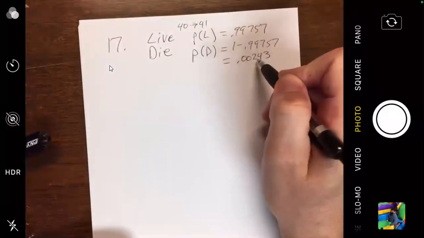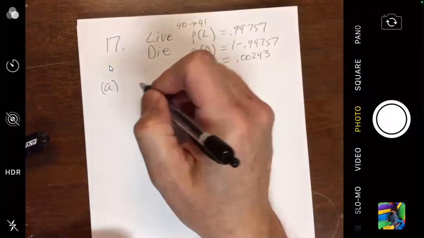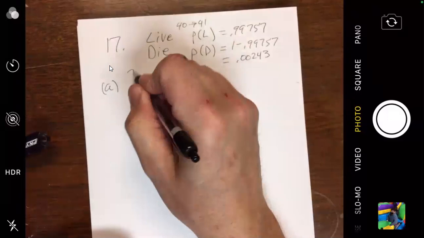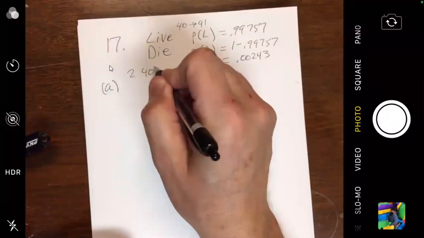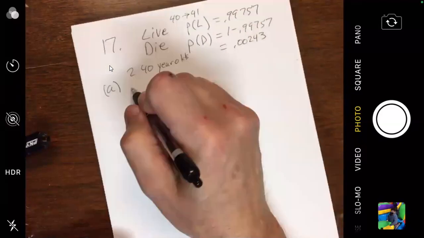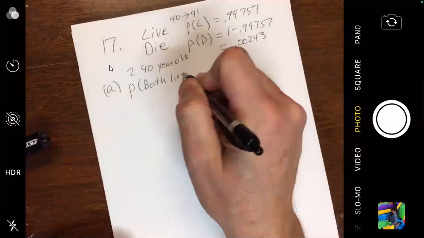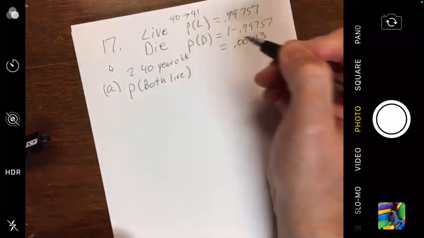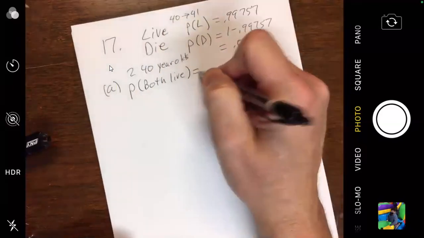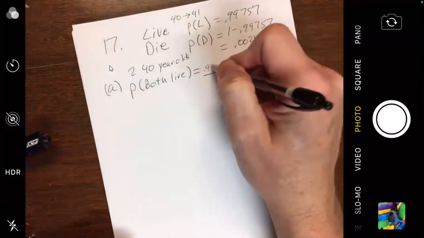All right. A. Take two 40-year-olds. What is the probability both live to be 41? Probability both live. All right, can you see? You'd have 0.99757 in both slots.